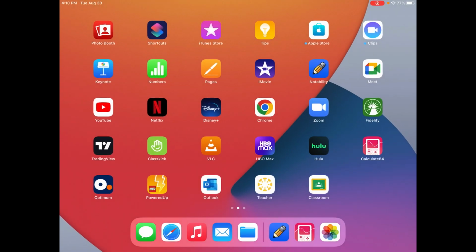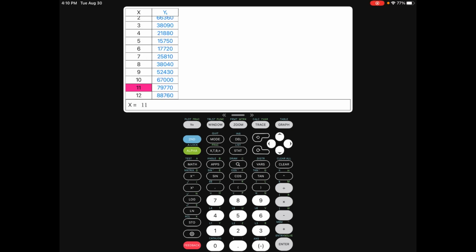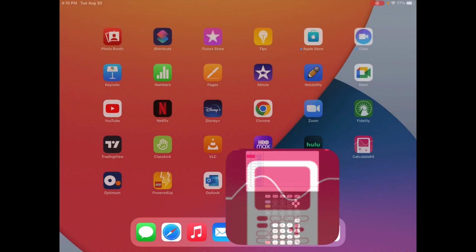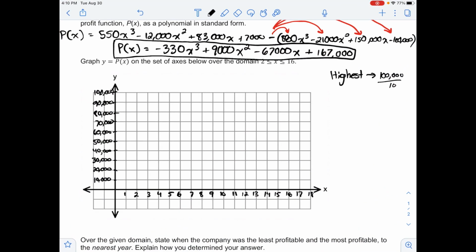So let's see, I'm going to go back here. So 2 is about 66,000. Again, we're only graphing from 2 to 16. I think 3 was around 38.